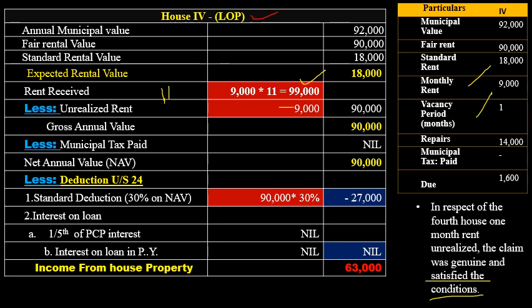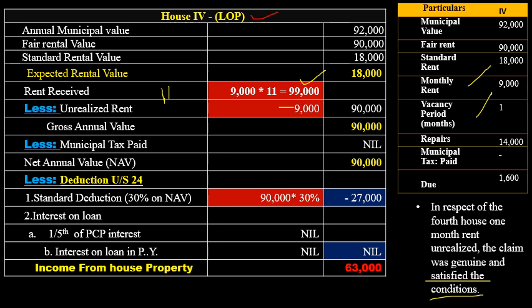Therefore you have to deduct 1 month rent. That 1 month rent is 9,000, and it could not be realized by the SSC, and the SSC satisfied the conditions related to unrealized rent. Total rent received is 90,000.